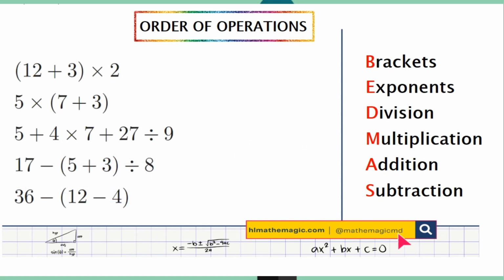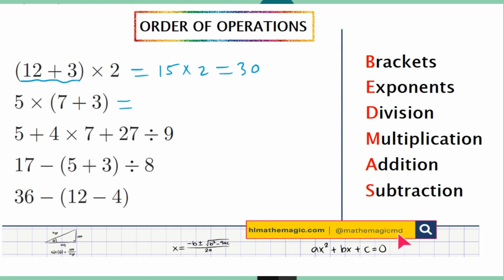So still following the same technique and the order of operations, we can start with the first question, 12 plus 3. Now notice that there's a bracket here, so this definitely goes first. And so 12 plus 3 is 15, and we end up with 15 times 2, and 15 times 2 is 30.